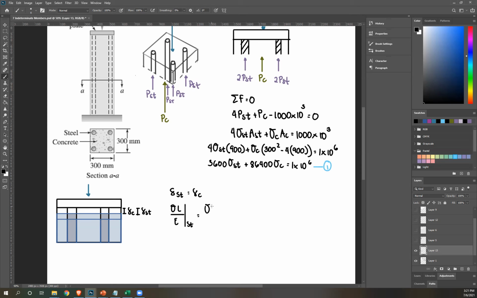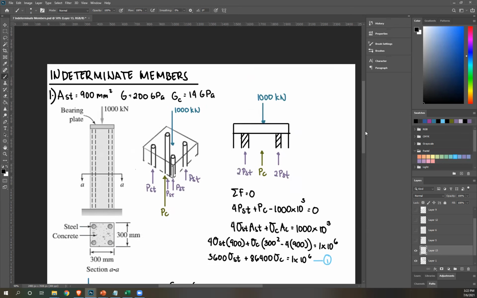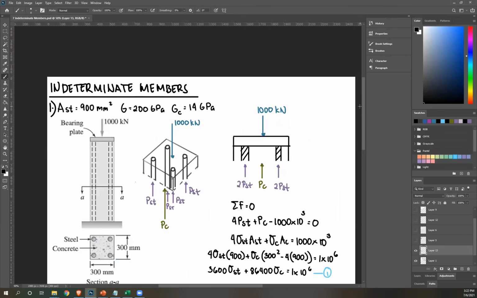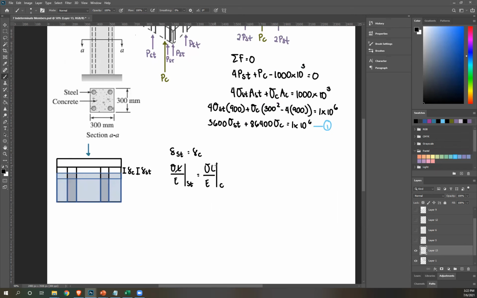Then equals sigma L over E for concrete. And then sub in your values. Now look at length. L is original length. Original length of steel and concrete is this, and they're equal. So meaning, I can cancel that out. So now we have stress in steel.